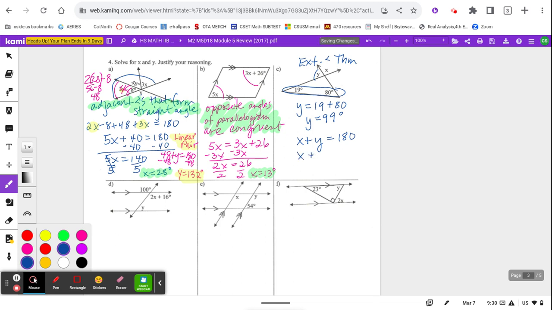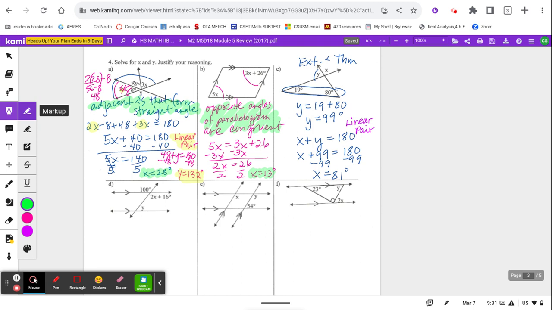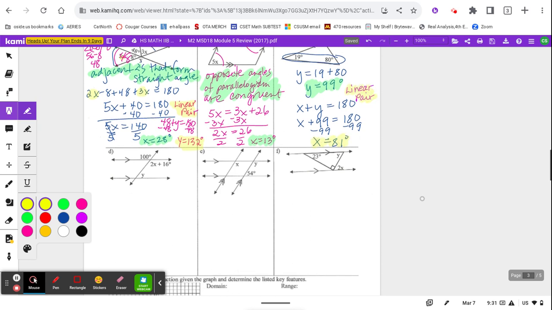To get x, I'm going to do linear pair. So again, because I was solving for two things, to get y, I used exterior angle theorem. To get x, I used linear pair.